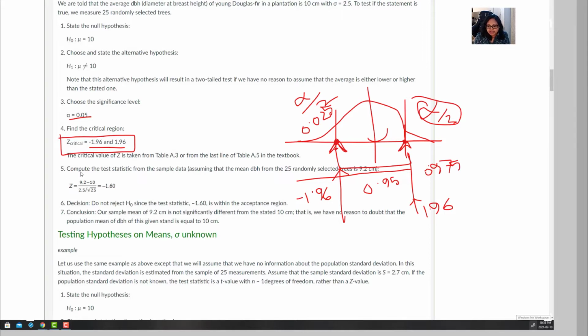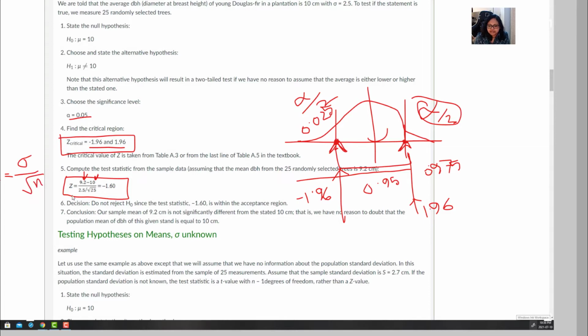And then you can see that in the Z statistic, we took the sample mean minus the population mean, divided by the standard error of mean. The standard error of mean, as you saw previously, would be the population standard deviation divided by root over n, the sample size.